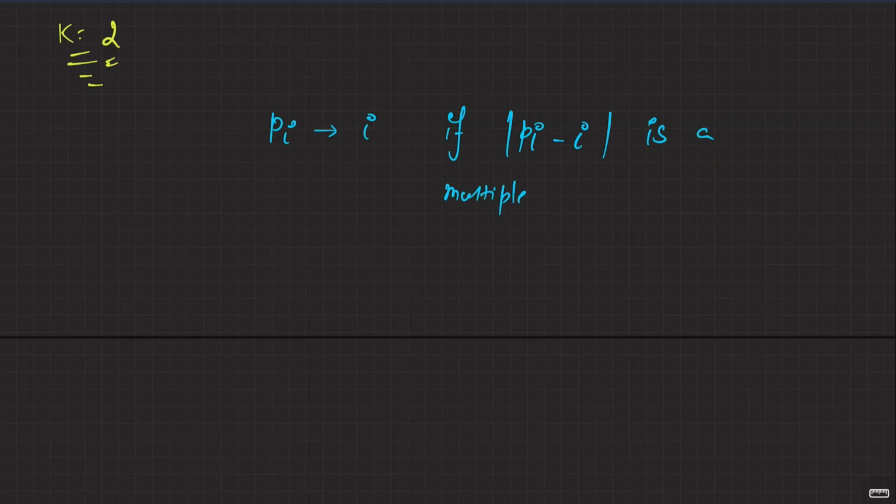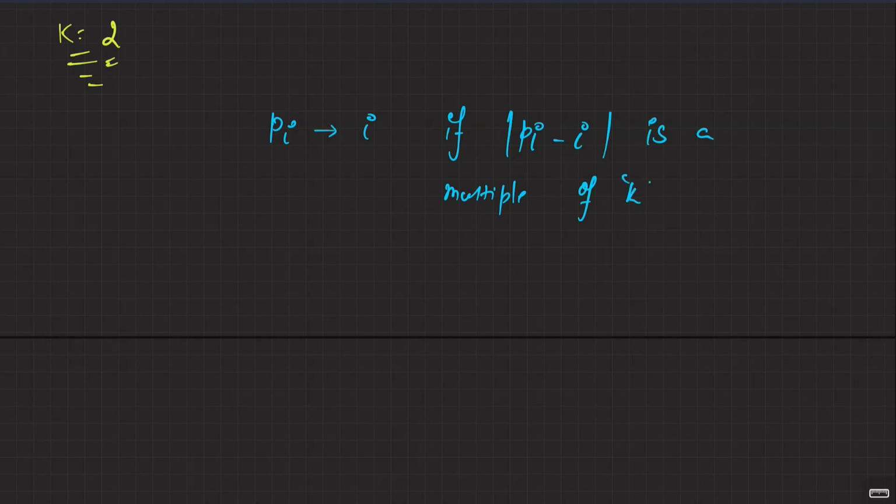So the point I'm trying to make here is you can move pi to its correct position i, if pi minus i, the distance, basically how far pi is from its correct position, the absolute value of it, is a multiple of k. Okay, that's the point.